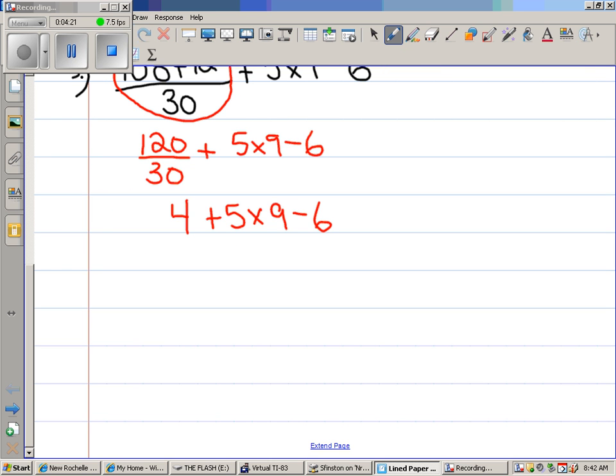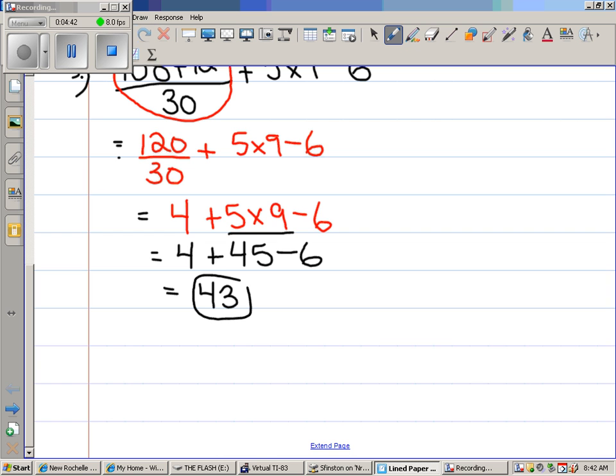Now what do we do next? Yes, very nice. So this is going to be 4 plus 45 minus 6. We have to do the multiplication next because of PEMDAS. And then finally, we're just going to add and subtract. So 4 plus 45 is 49. 49 minus 6 is 43.